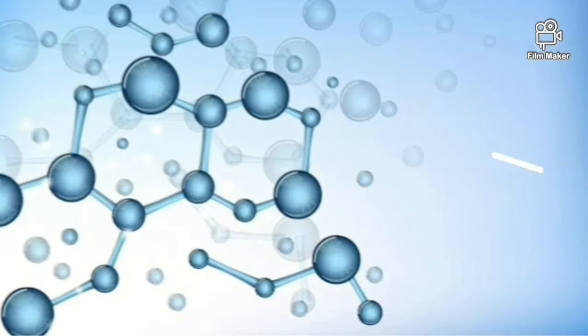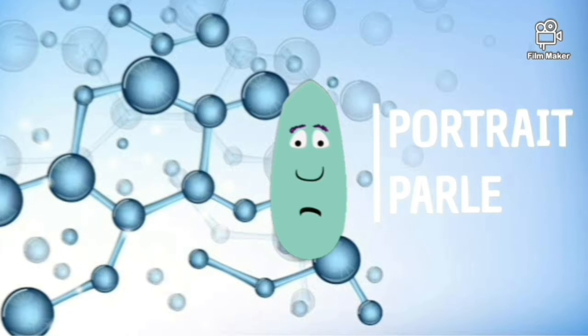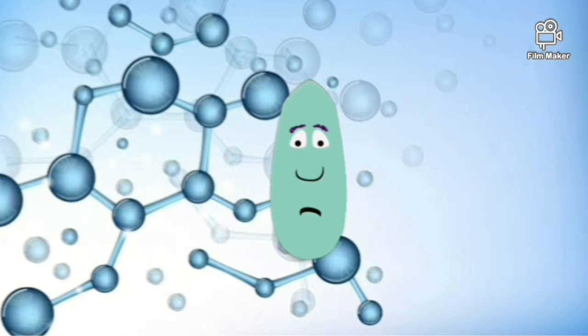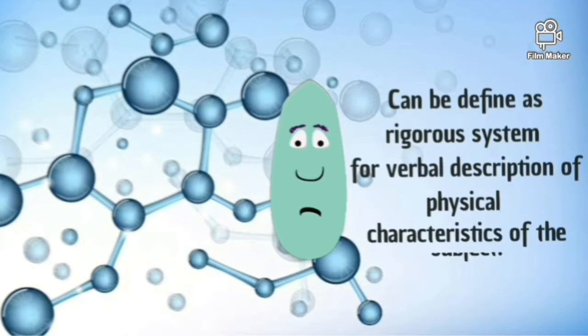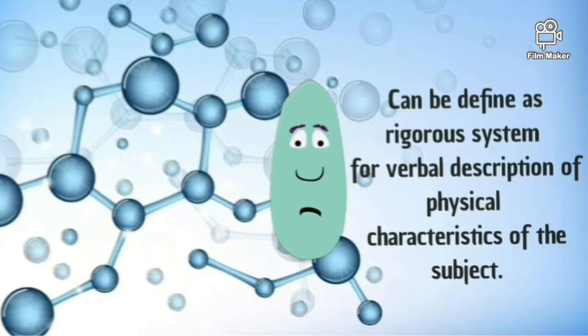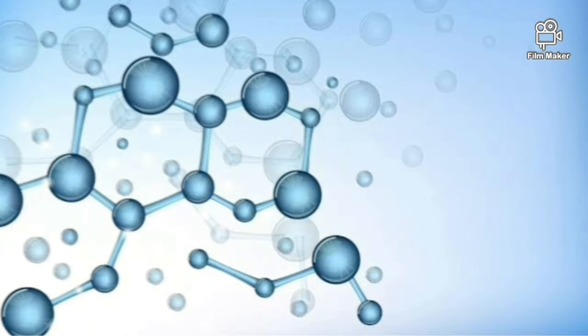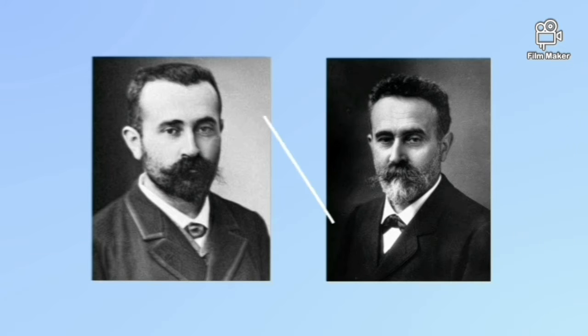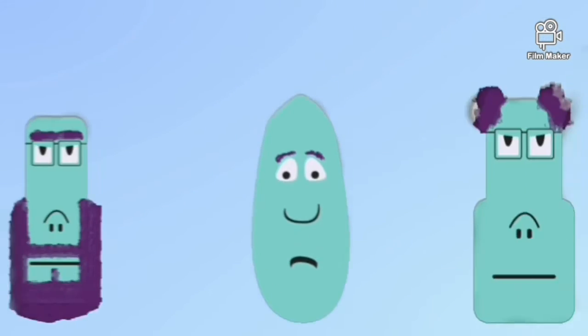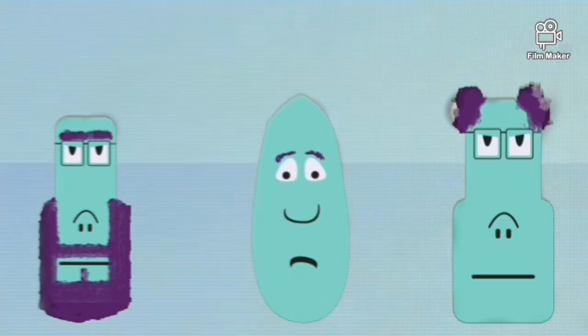Second is portrait parlé. Portrait parlé can be defined as a rigorous system for verbal description of physical characteristics of the subject. The portrait parlé is an identification technique invented by Alphonse Bertillon in the early stages of development of his anthropometric measurement system.